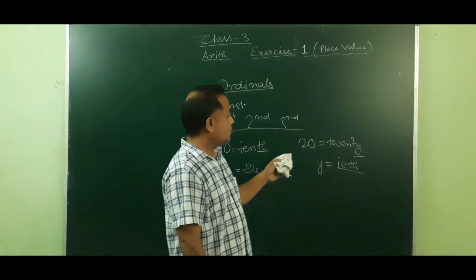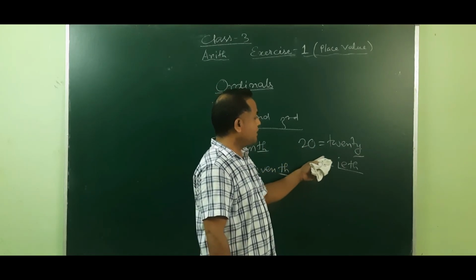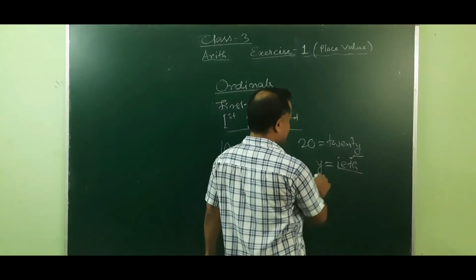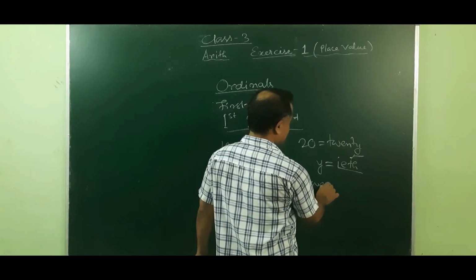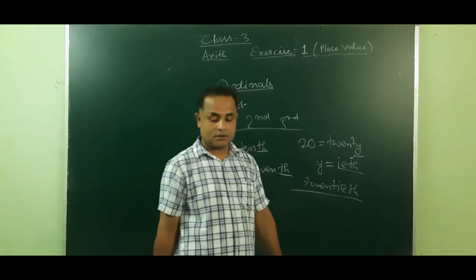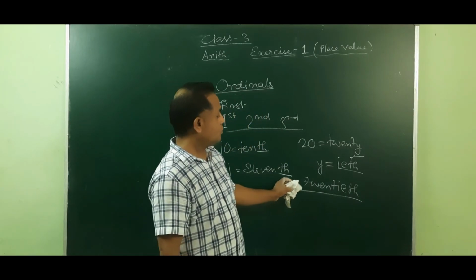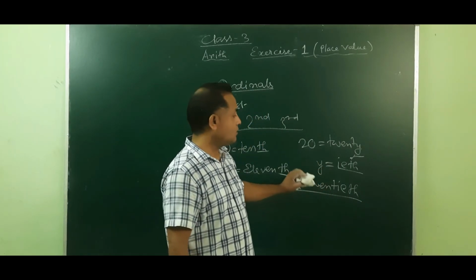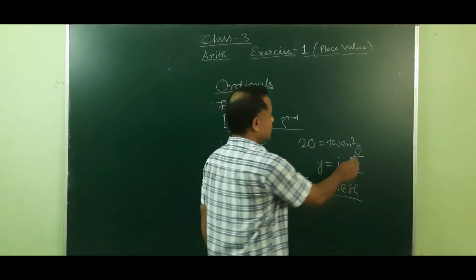So 20, this y will be changing. So it will become TWENTIETH. Then we will go 21st, 22nd, 23rd.